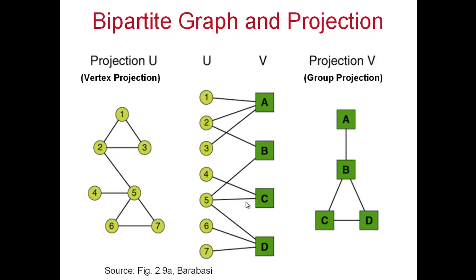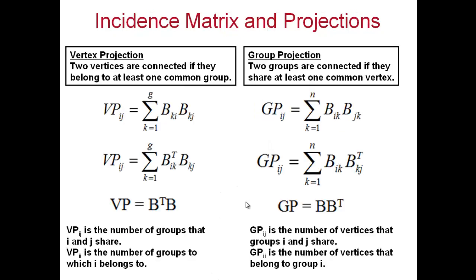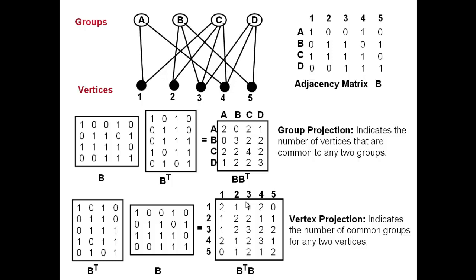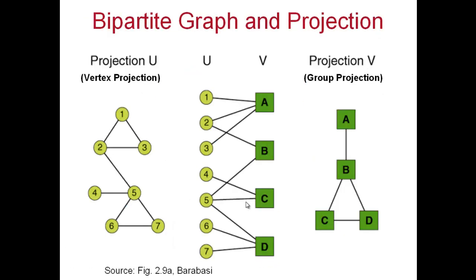Now you may be asking, do we have to do it manually? No. So we are going to see a procedure to get these projection graphs. It's similar to the co-citation bibliographic coupling approach using matrices. Now, the matrix that we are going to build may not be a square matrix because we are dealing with groups and a set of vertices, so both need not be of the same size.